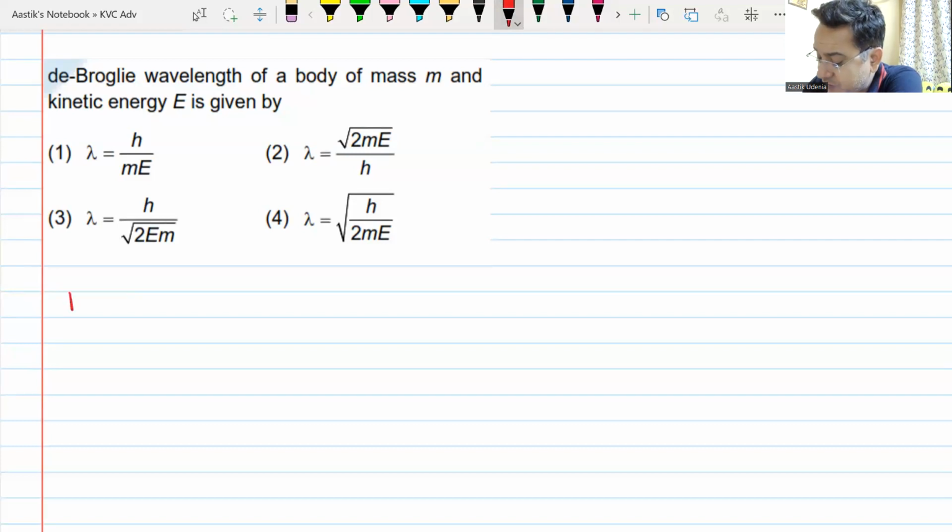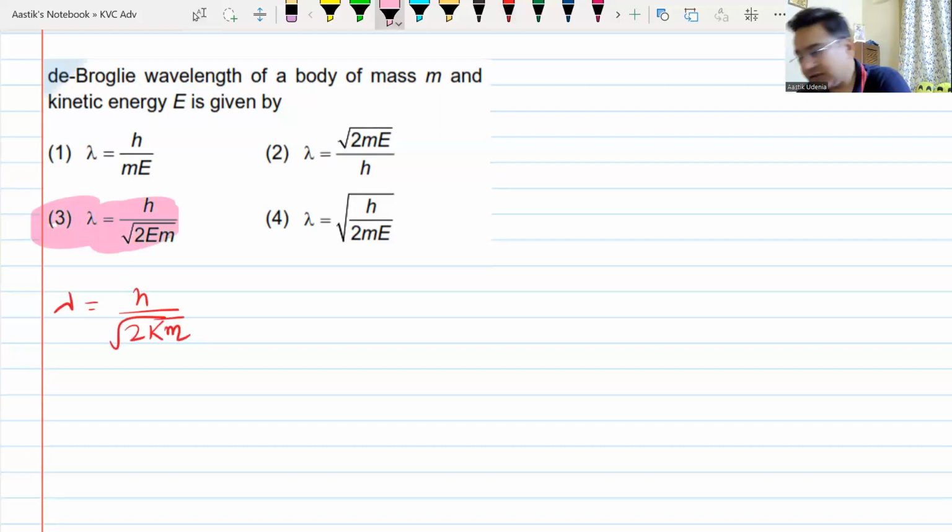One of those formats was lambda is h upon root over 2 times kinetic energy into mass. The correct answer is this option. I've given you all these options beforehand. The only thing you have to remember is to remember things. The only thing you have to forget is the habit of forgetting things. And I hope you do both correctly.